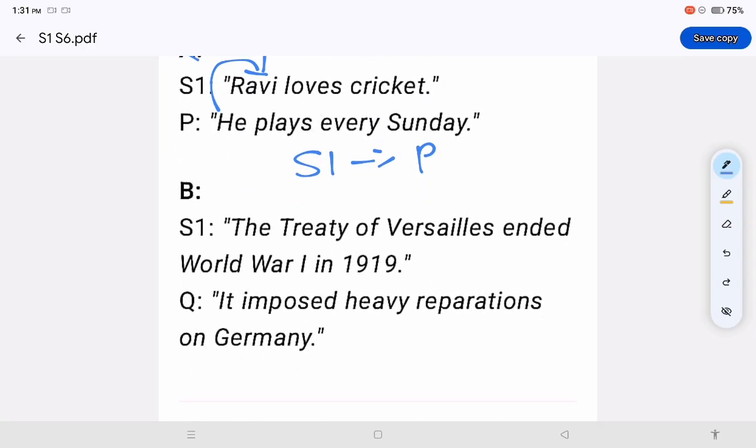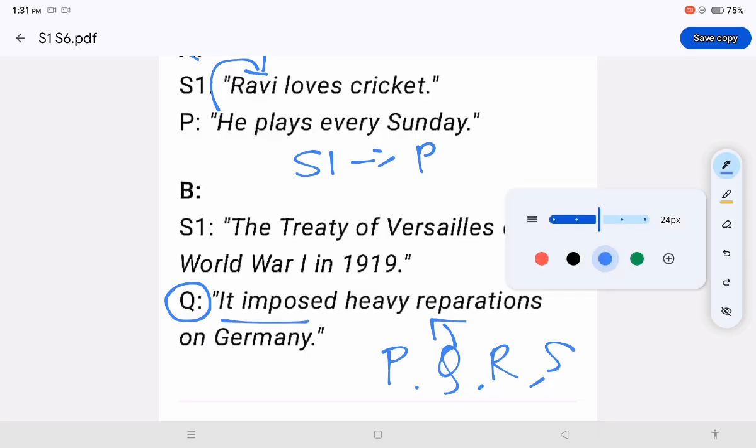Let's move on to a bit more complicated example. The Treaty of Versailles ended World War I in 1919. So I am considering another sentence, number Q. P is there, Q is there, R and S. So for us, this is sentence Q: it imposed heavy reparations on Germany. Now we have it.